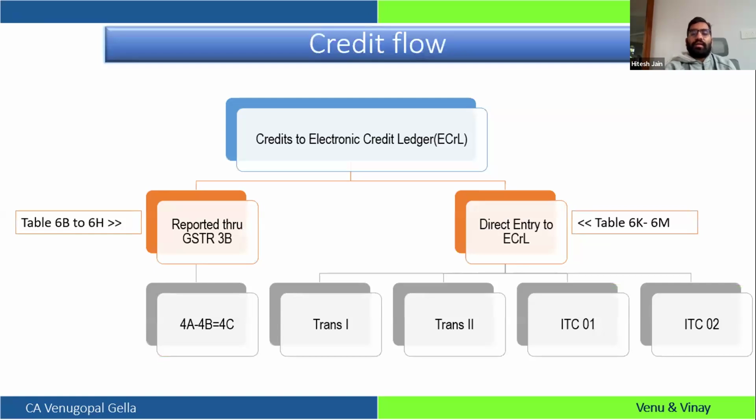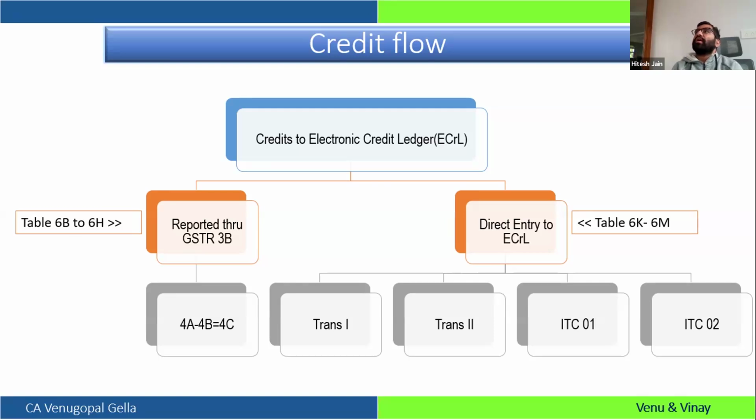Now coming to the credits to the electronic credit ledger. Let's understand the credit flow. What credit will flow to my electronic credit ledger? All such credit which I avail through my monthly returns will be flowing through the electronic credit ledger. So we have divided this into two parts.